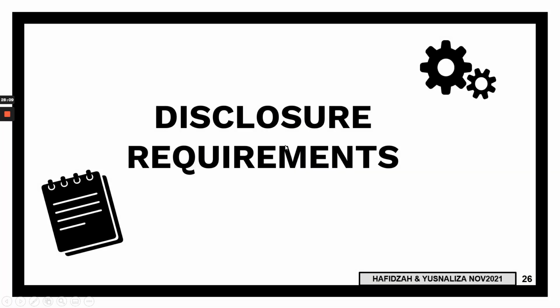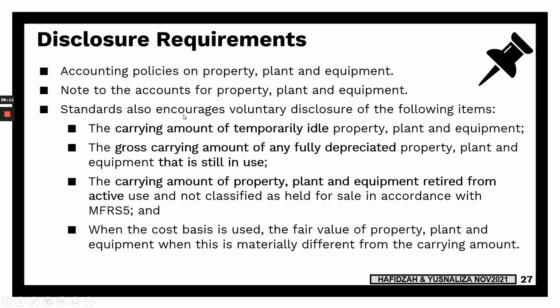So now let's move on to the last part, which is disclosure requirements. These are some of the disclosure requirements prescribed under MFRS 116: the accounting policies for the property, plant, and equipment, either cost model or the revaluation model. You need to also show the movement of the property, plant, and equipment via notes to the accounts.